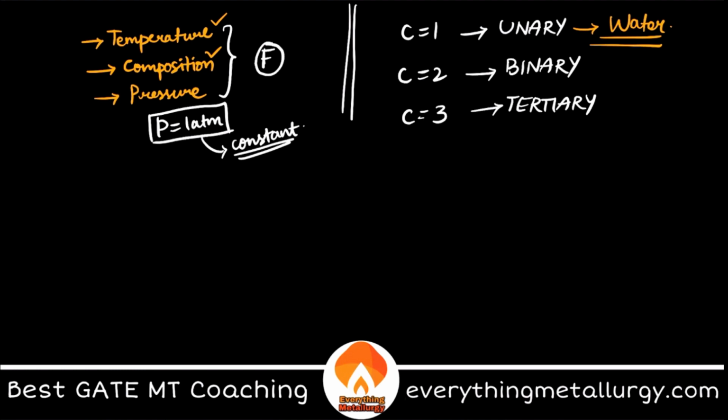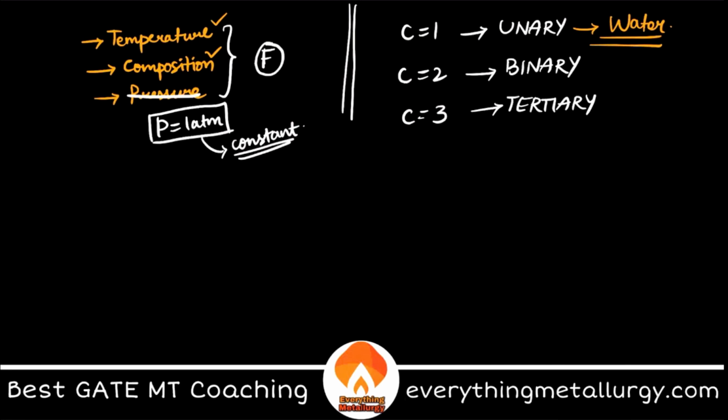That is what you are restricting yourself from. Again, this is for 99% of the metallurgical processes. So what I'm telling you is that you are doing this to eliminate pressure from your consideration as a degree of freedom.